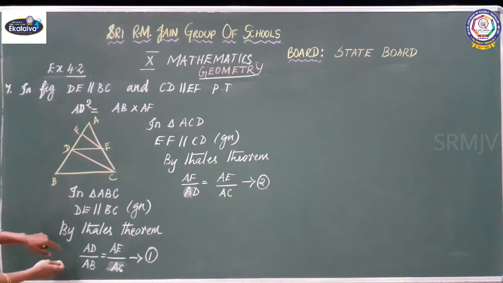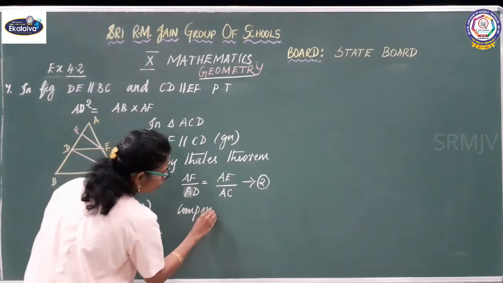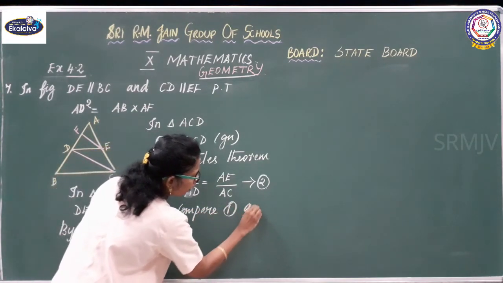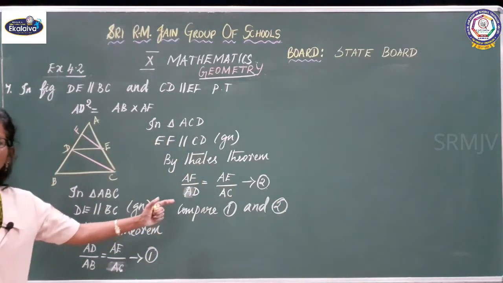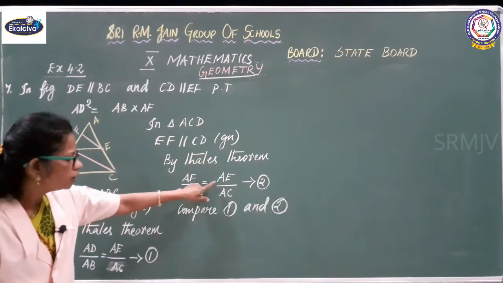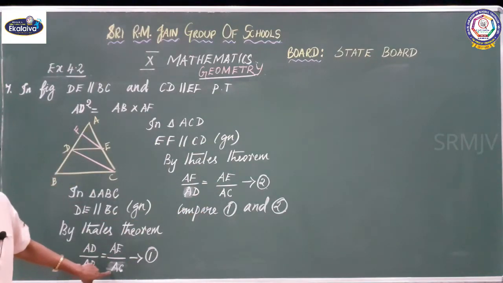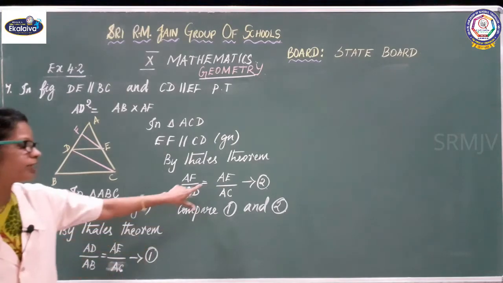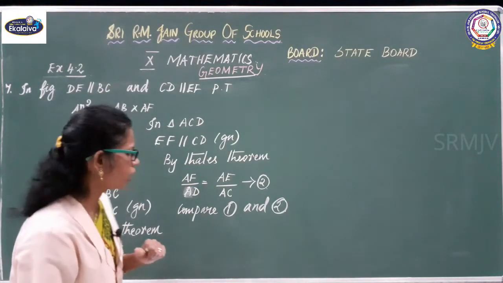Now you are going to compare 1 and 2. The previous sum also I have discussed, right? Here AE by AC on the right side, and here also AE by AC on the right side. The right hand sides are equal, so automatically you can equate your left sides.